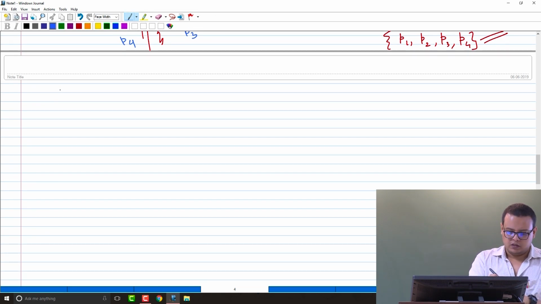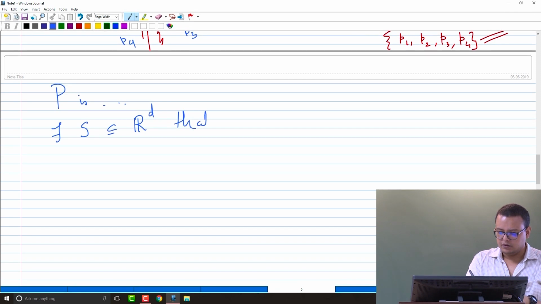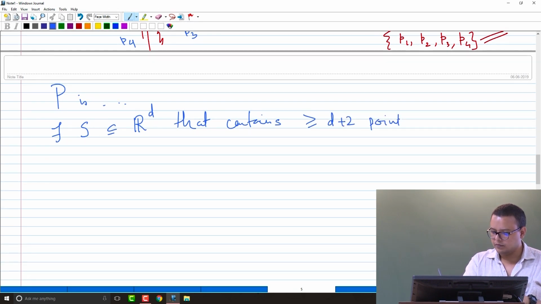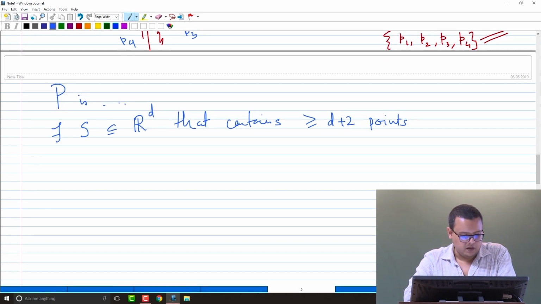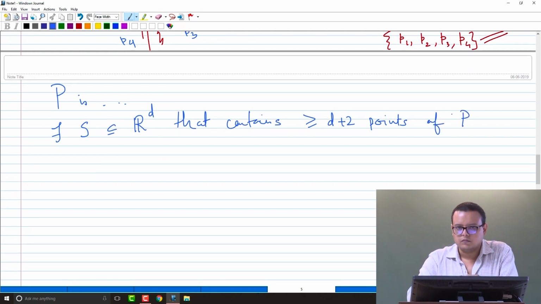I will say a point set P is in general position if that D plus 1 property holds in RD, and there does not exist a sphere S in RD that contains D plus 2 points of P. So, in R2 there should not be a circle that contains 4 points.